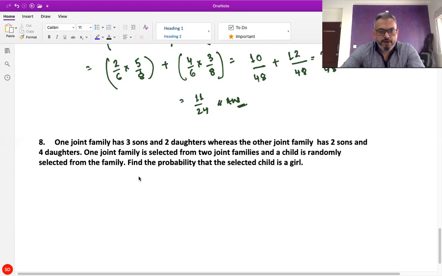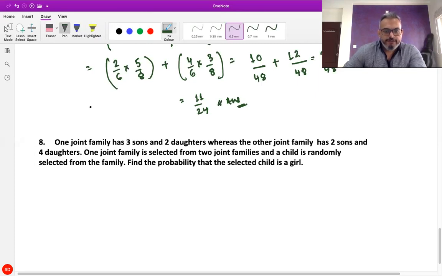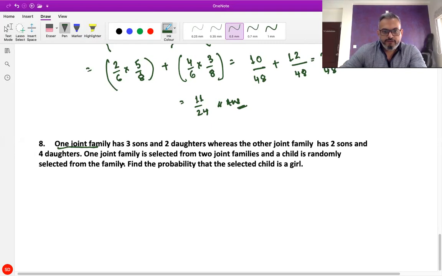Now question number 8. One joint family has 3 sons and 2 daughters, whereas other joint family has 2 sons and 4 daughters.